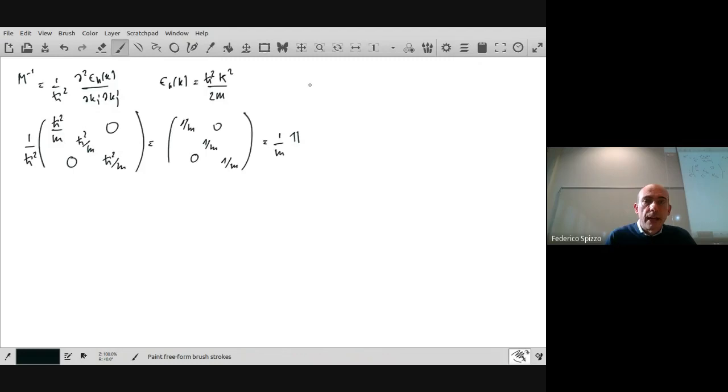So in the case of the free electron, the acceleration is equal to m to the minus 1 times h bar k prime. But in this case, this is just 1 divided by the mass times identity. And then we have h bar k prime.